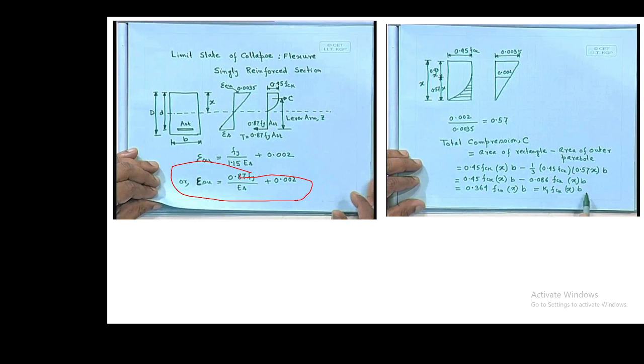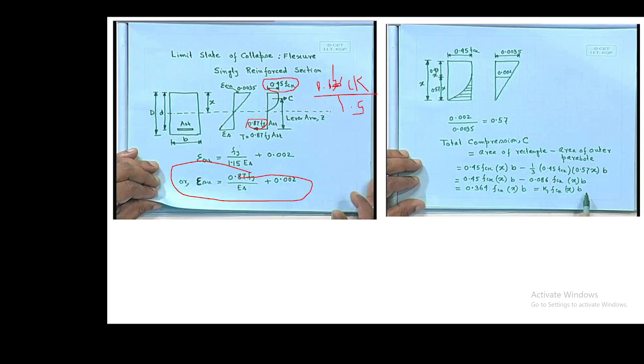When we divide the characteristic strength of the concrete by the factor of safety, 0.67 fck divided by 1.5, we get 0.45 fck, and for the steel it is 0.87 Fy.